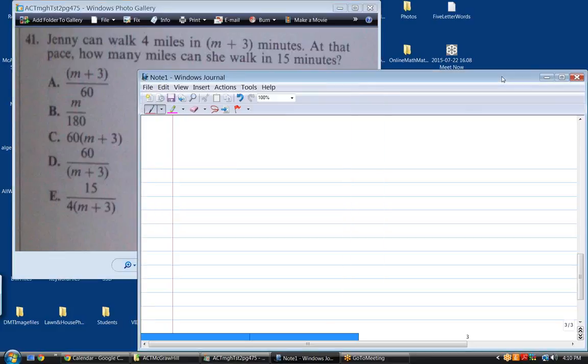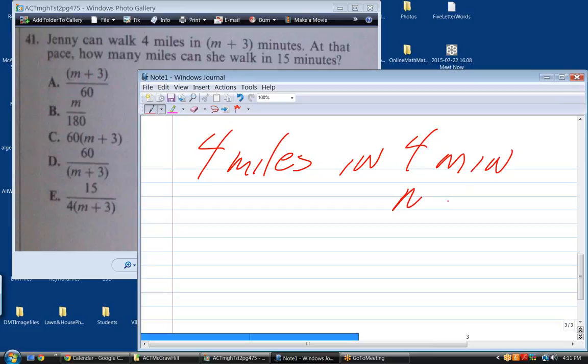So, if I'm going to pick a number for m, what would be the smartest number I could pick? I can pick anything I want. Would be 1. Okay, so I'm going to walk 4 miles in 4 minutes. All right, that works. I'm going to walk 4 miles in 4 minutes, right, if m is 1. How many miles would I walk in 15 minutes? 15.